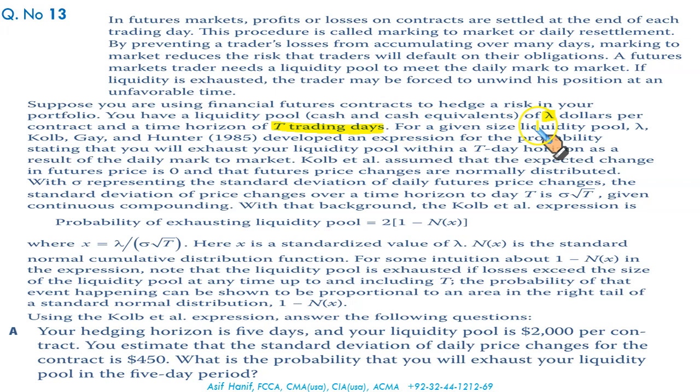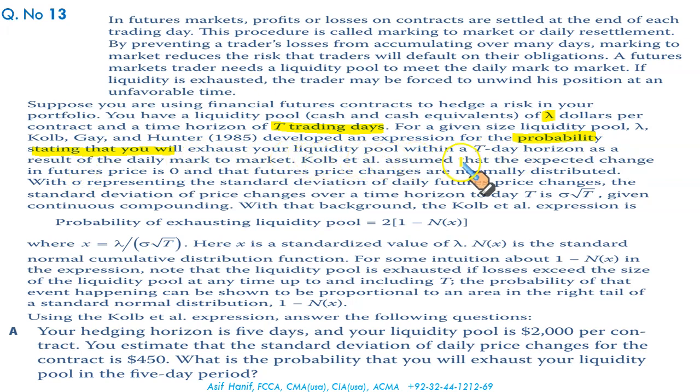For a given size liquidity pool, lambda, Kolb, Gay and Hunter (1985) developed an expression for the probability that you will exhaust your liquidity pool within a T-day horizon as a result of the daily mark-to-market losses.